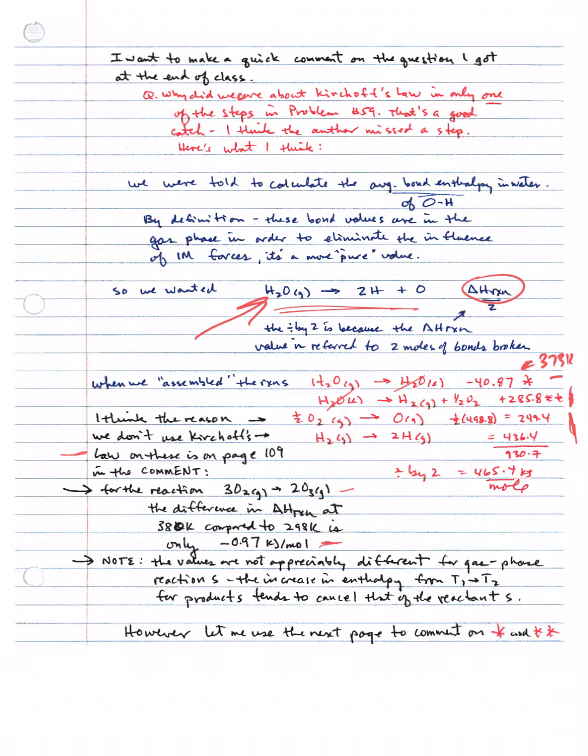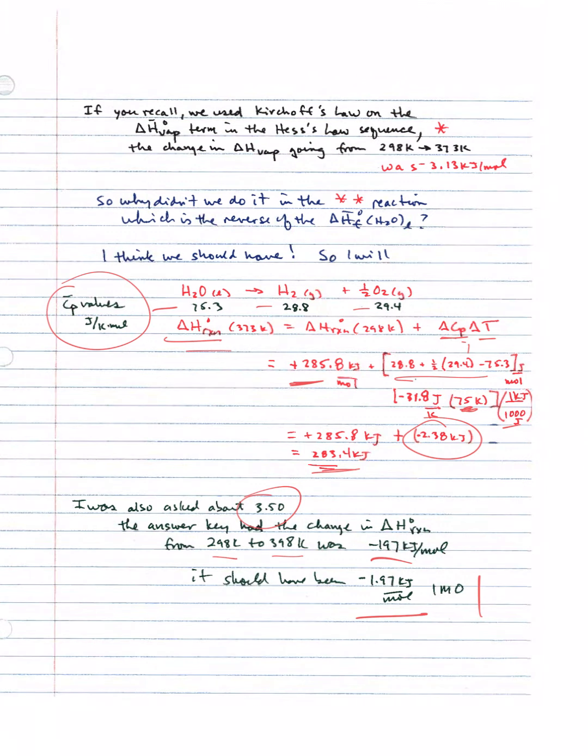Okay, so what we did in class, if you look at that answer, it says 465.4 per mole for an OH single bond. Now, if you recall, we did use Kirchhoff's law on the vaporization term, and what we did is we lowered the delta H of vaporization by 3.13 kilojoules per mole.